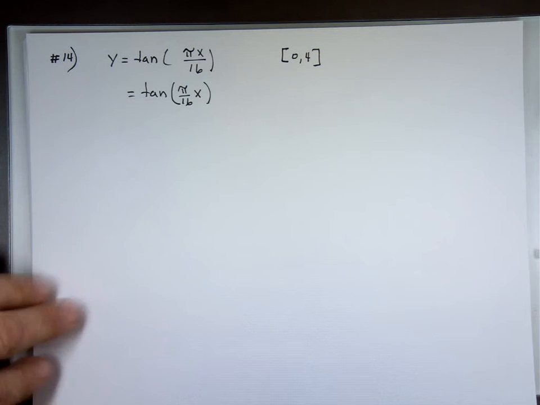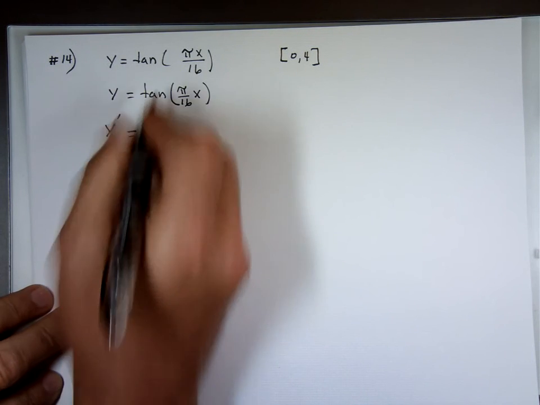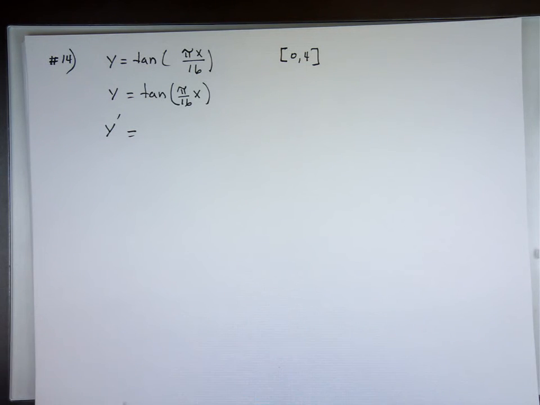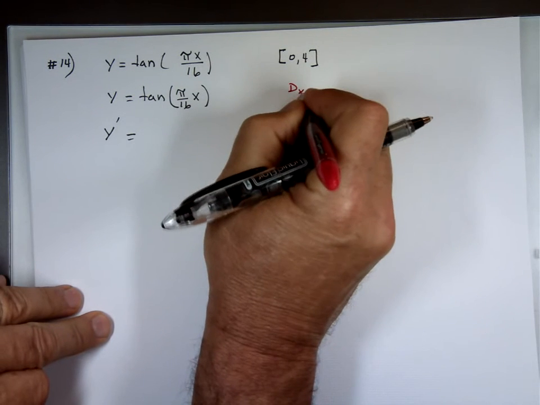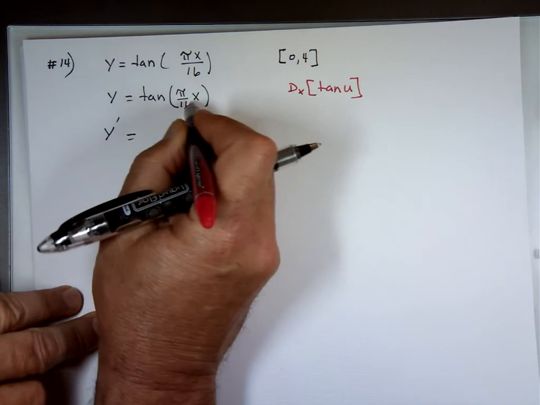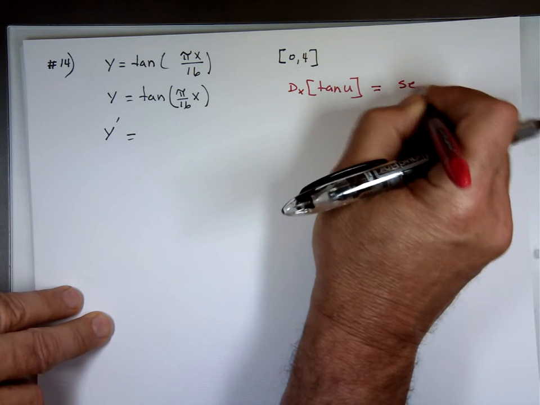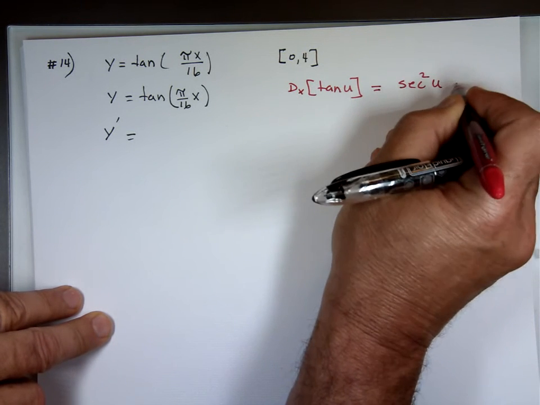And what's the derivative? Derivative of tangent is what? In case you forgot, the derivative of tangent u. We're not talking about x, we're talking about u, because this is not just x here. Derivative of tangent is secant squared u times what? u prime.